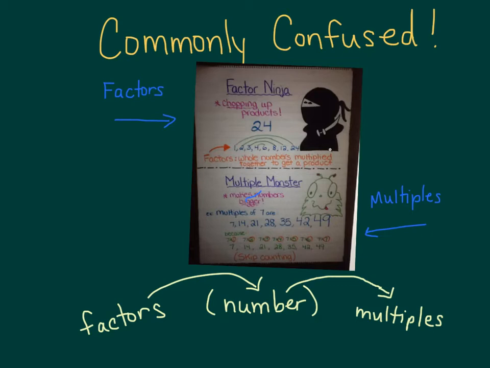And multiples are all the numbers that can come out of that particular number. We talk about the factor ninja here who's chopping up products, so factors are always going to be smaller than the original number. Multiples are always going to be bigger than the original number, or at the very least the same as the original number. So just a fun little graphic to try to keep them straight.